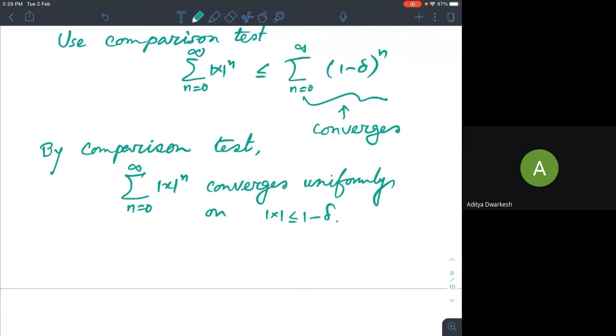What is the statement of this comparison test? If yn greater than xn converges, then so does xn. No, what I called a comparison test here is also called the Weierstrass Mn test.